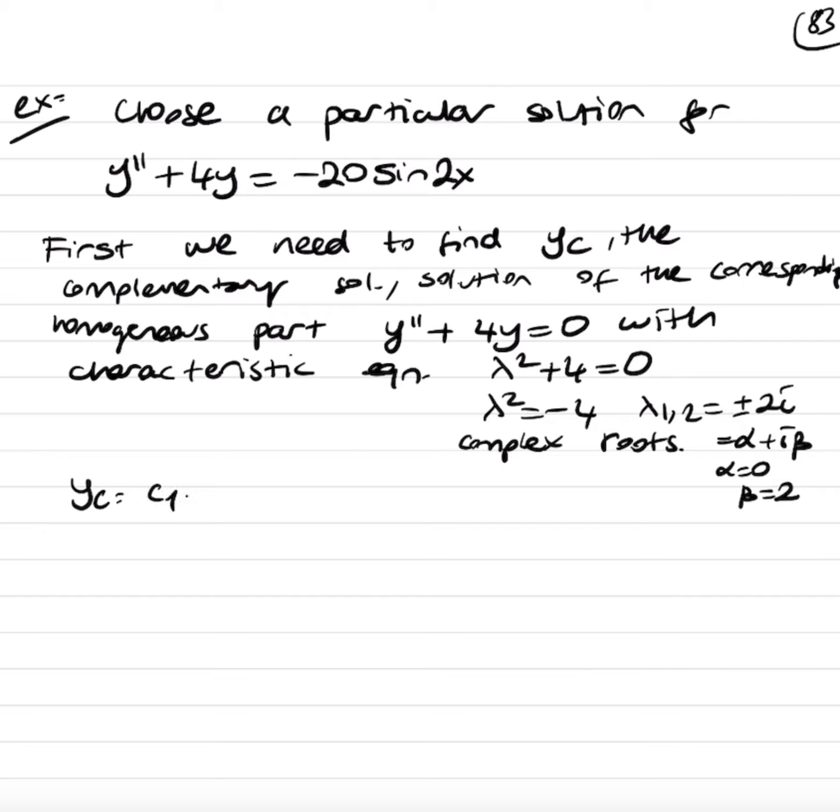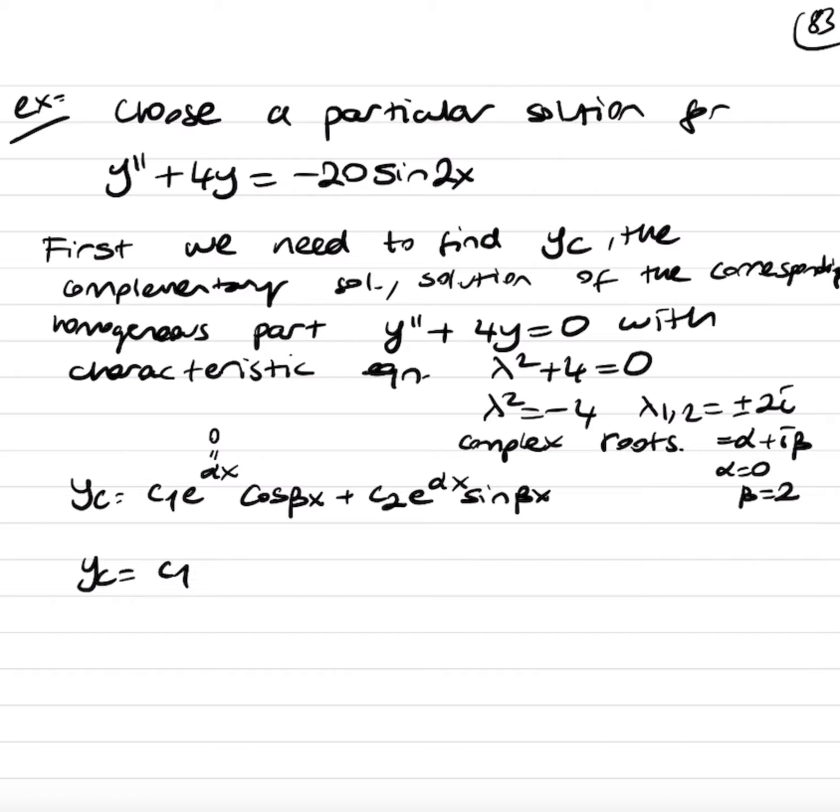So if you remember, it was c1 e to the power alpha x cosine beta x plus c2 e to the power alpha x sine beta x, and here alpha is 0, so e to the power 0 is 1.